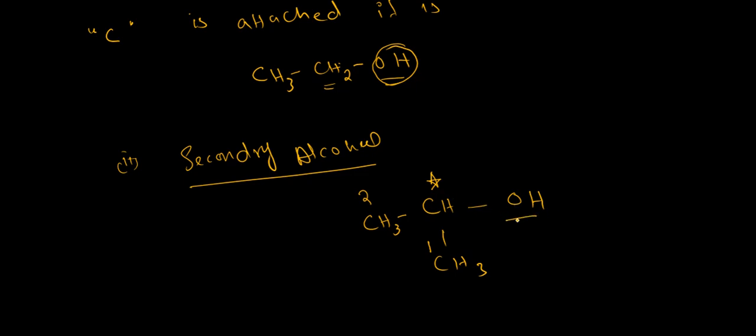So we can say that if a carbon atom to which a hydroxyl group is directly attached has two other carbons attached to it, then it is called a secondary alcohol.